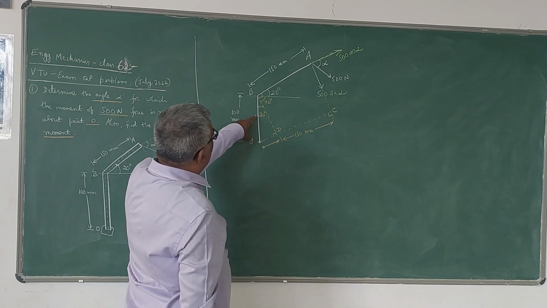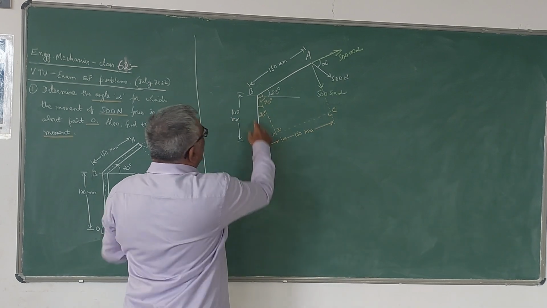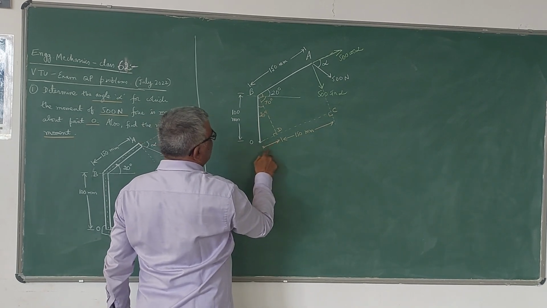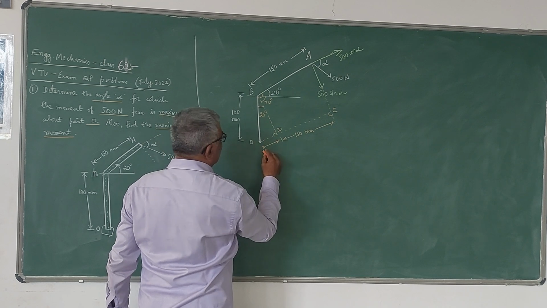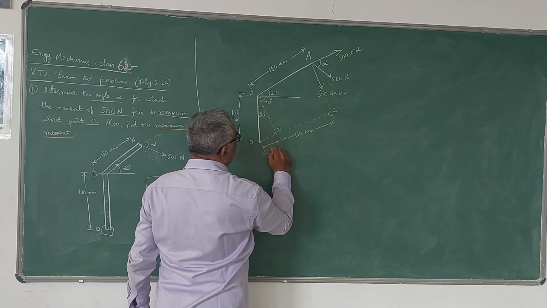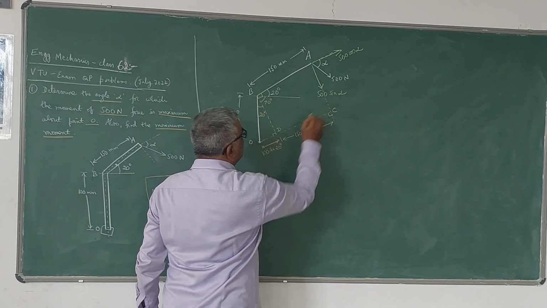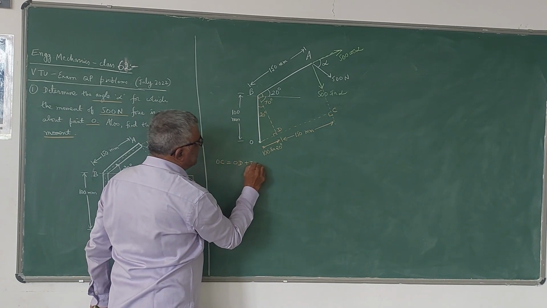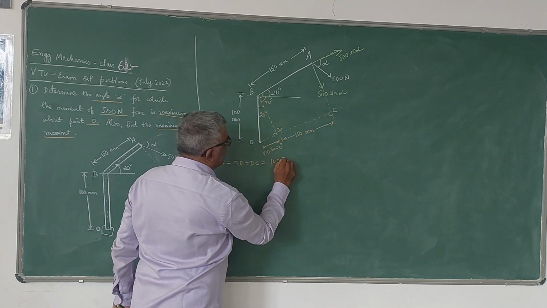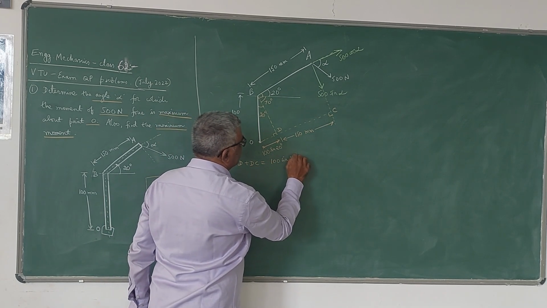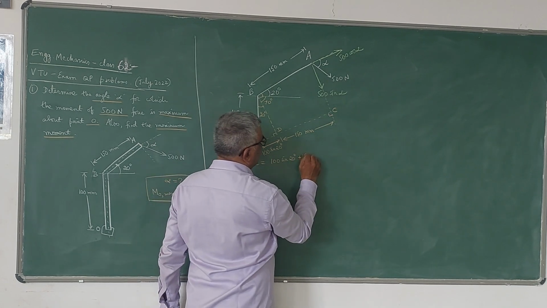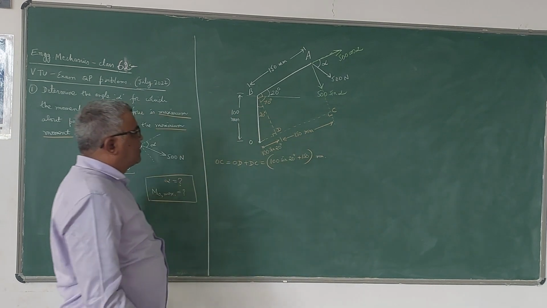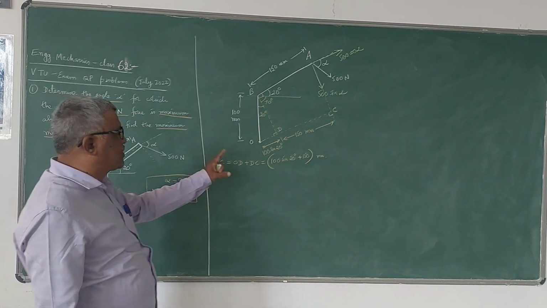Now once you know this angle and this hypotenuse, in this triangle this becomes the hypotenuse, this is the opposite side. So this value will be 100 sin 20. Now the distance OC can be written as OD plus DC, which is 100 sin 20 plus 150. So this is the distance, in millimeters. OD plus DC is nothing but OC.